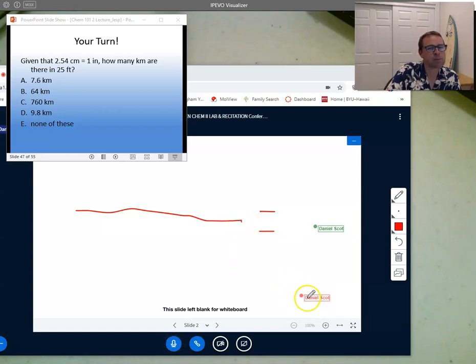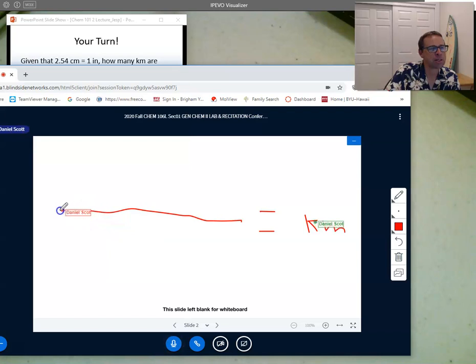Now what's next? Very good. We identify our units and we put them to the right of the equal sign. Excellent. Now what? I'm going to extend this line just a little bit because we might need every last inch to get this one done right. Okay, what's next?